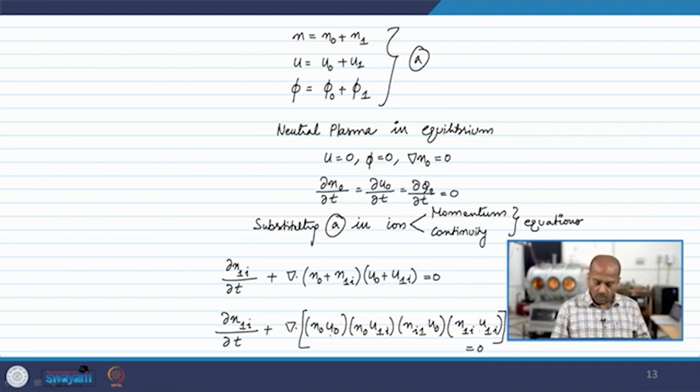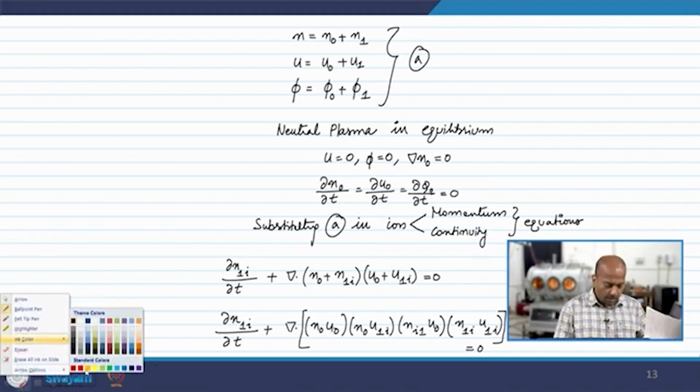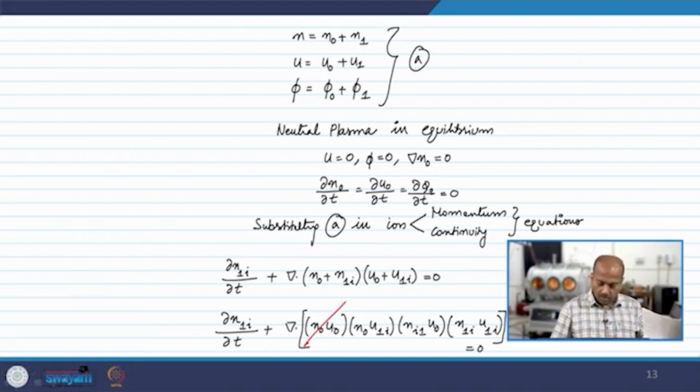So, this term N0 U0, which is a product of equilibrium terms, of course, can be made 0. We don't want that. And this one, the N1i U1i term, is a second order term in perturbation, so it has to be 0.